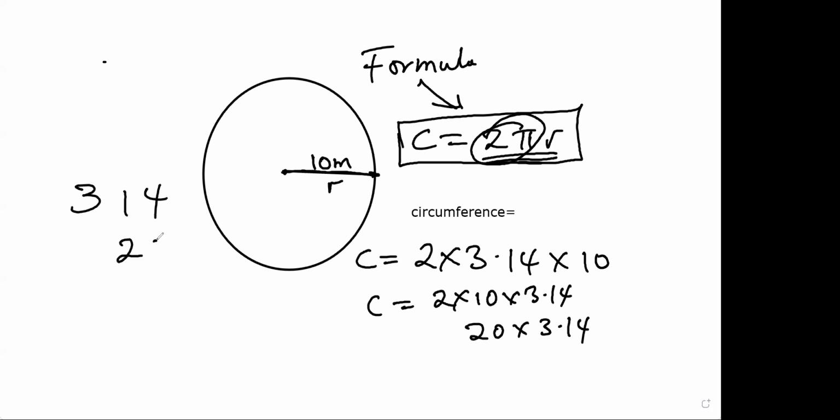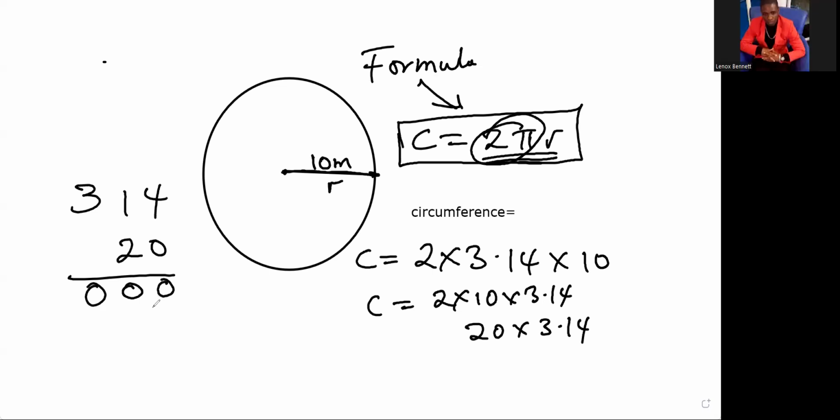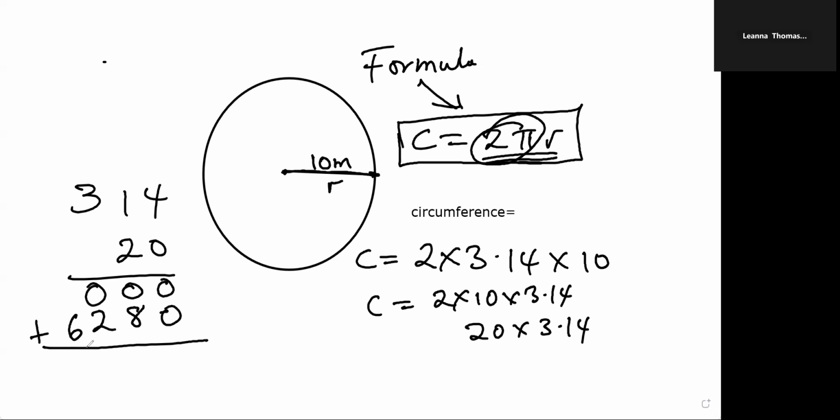So 0 times 4 is 0, 0 times 1 is 0, and 0 times 3 is 0. Then we put a 0 at the bottom for a placeholder. Then 2 times 4 is 8, 2 times 1 is 2, 2 times 3 is 6. And then we add all that, which is 6,280.